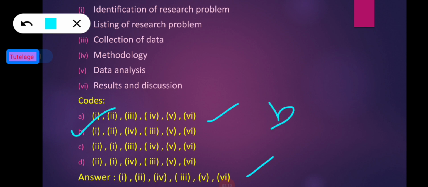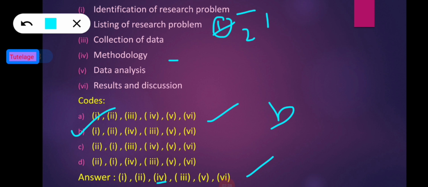So the first step of research is identification of research problem. The second step is listing of research problem. Now going to number 4, which is methodology.